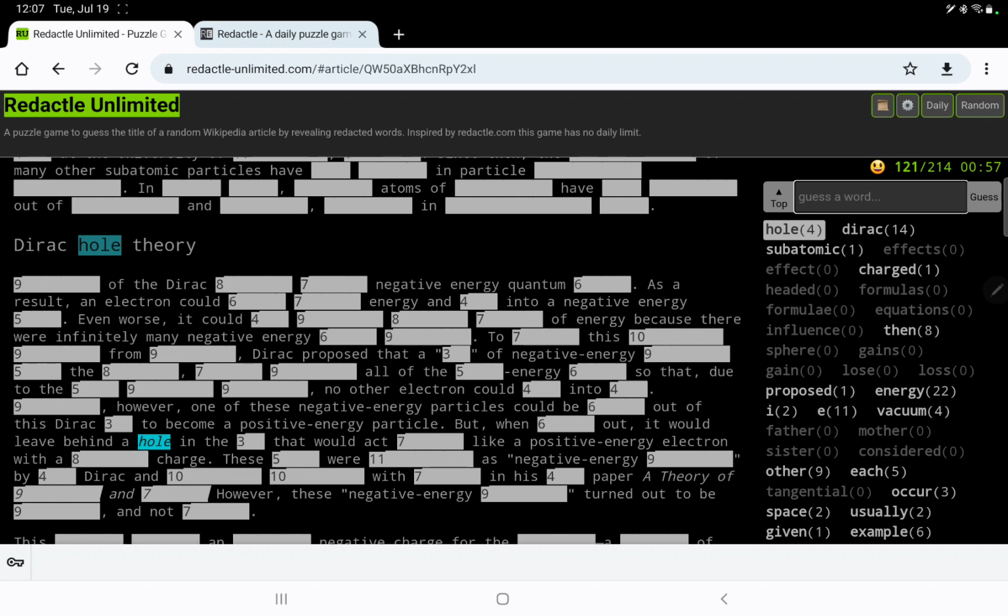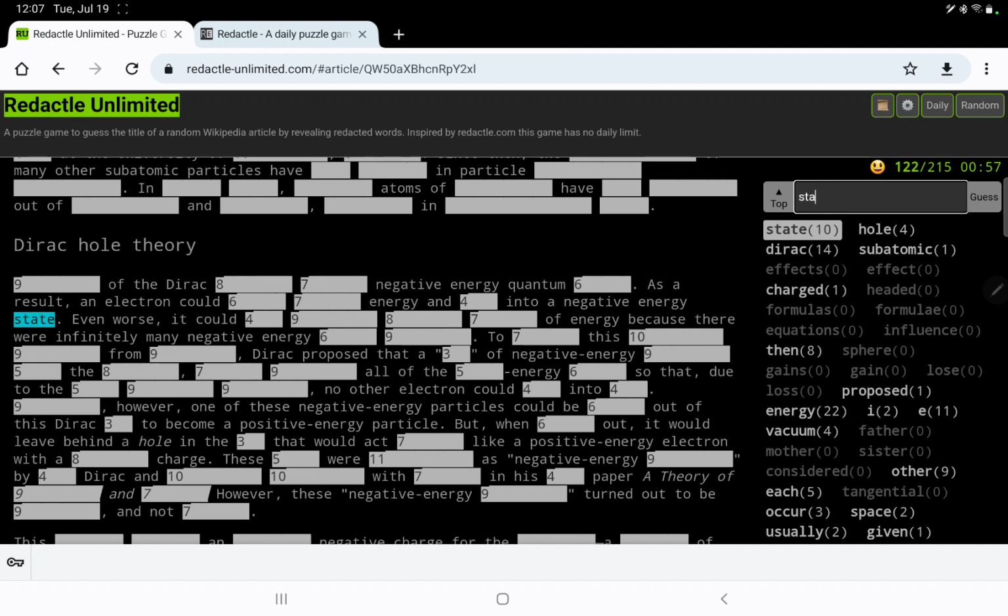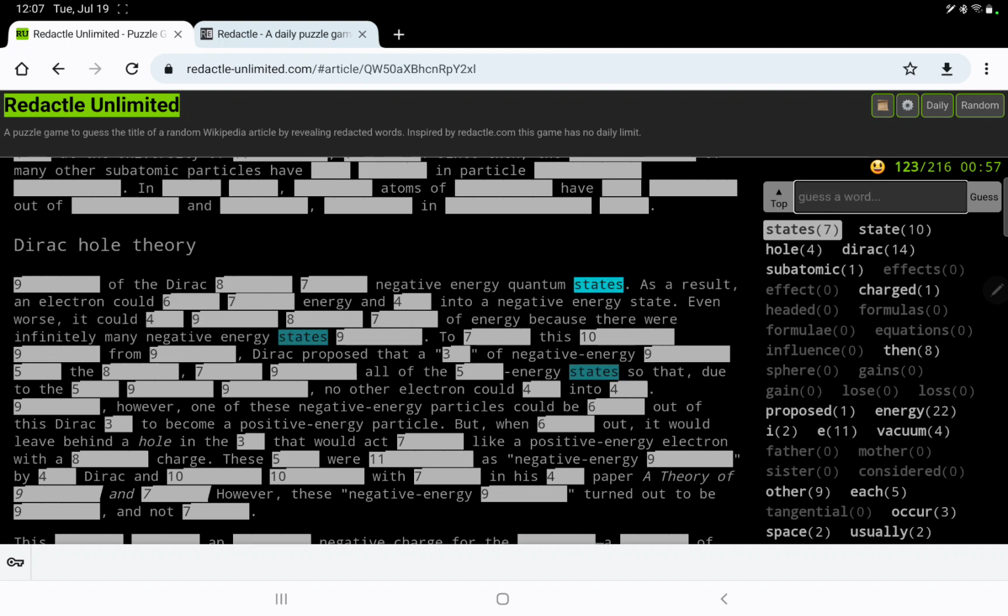The continuum of negative energy states. Oh, I never did state, did I? No, are states. Okay, those I should have. In fact, I think they did cross my mind at one point. I just never typed them in, but yeah, shame on me.